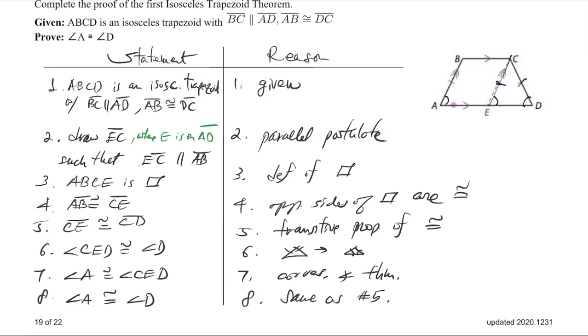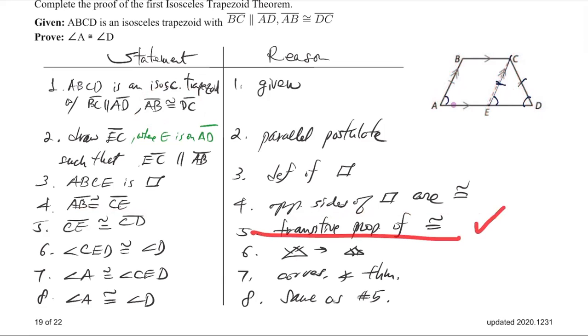And because of that, we know that AB and CE are congruent because the opposite sides of a parallelogram are congruent. And we also know that CE and CD are congruent, right? Why? Because it was given to us that AB and CD are congruent. That was given information. Because this is congruent to this, and this is congruent to this, by the transitive property of congruence, these two are congruent.